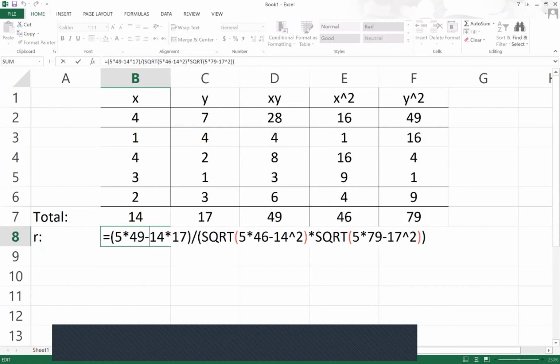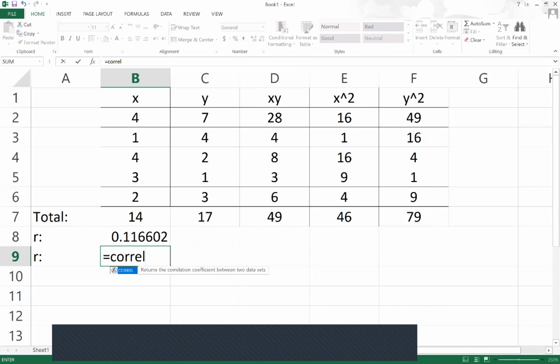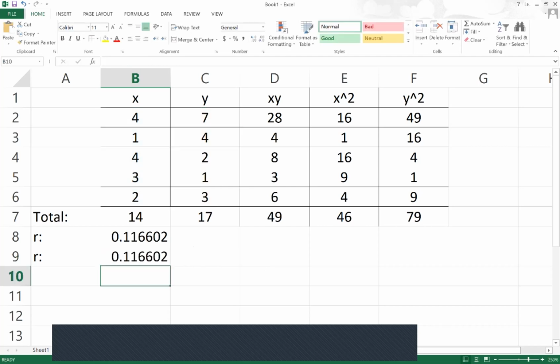Let's quickly double check that. Even better, right? If we can double check using this formula called CORREL. So this is the formula you can double check whether you have the right calculation or not. Right? Just input the x values, input the y values, and you get the same thing, right?